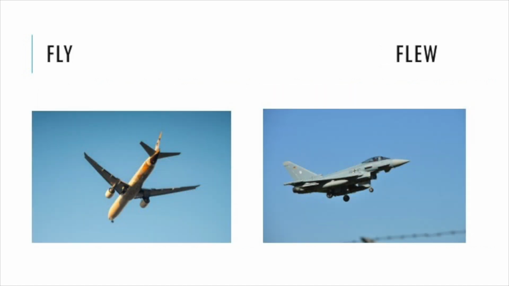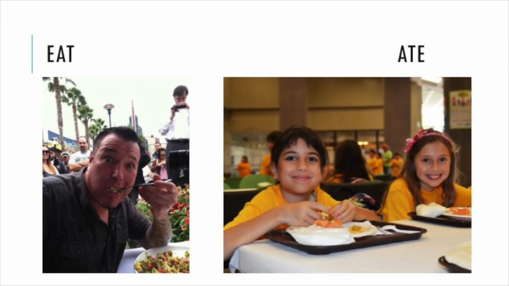Fly, flew. Yes, flew is the past tense form of fly. Eat, ate. This is the one we practiced on the board, you see? Normal verb words, eat. Past tense verb, ate.